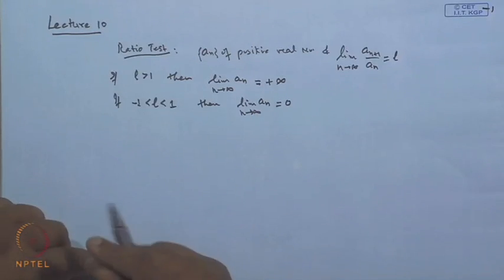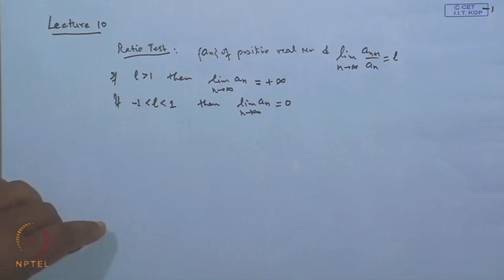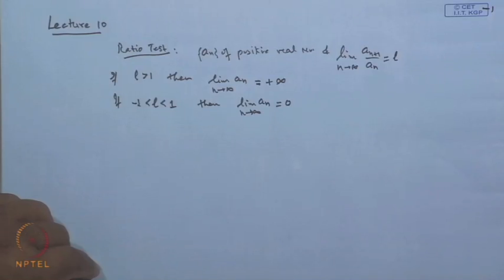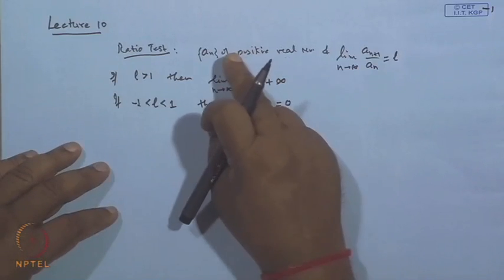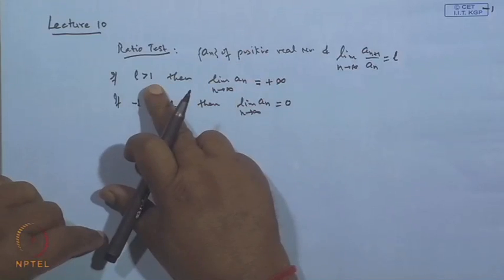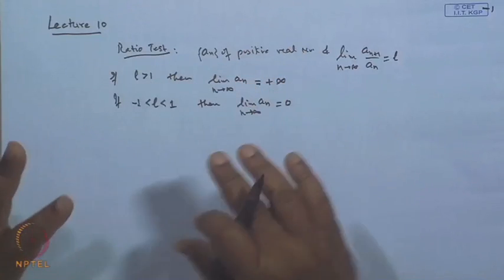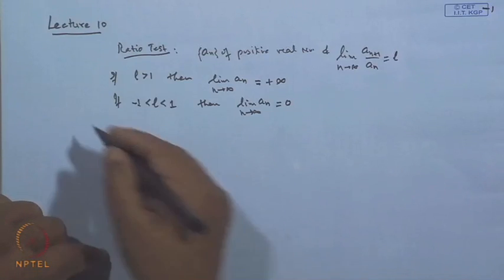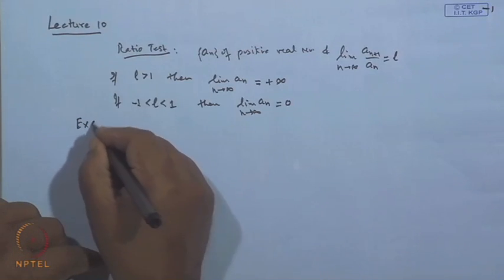A particular case is when the terms are negative: then we can take the minus sign out and get the results, okay, for the alternating case. So, let us see the exercise based on this.